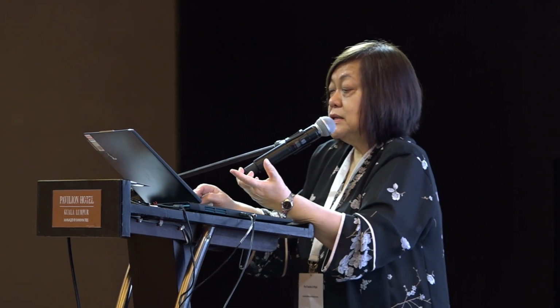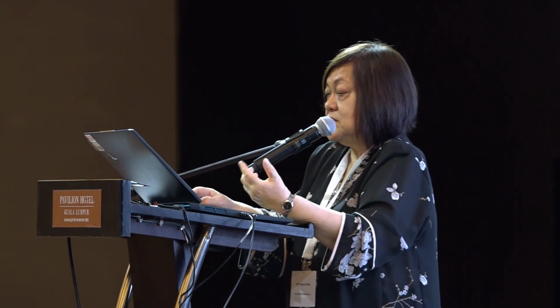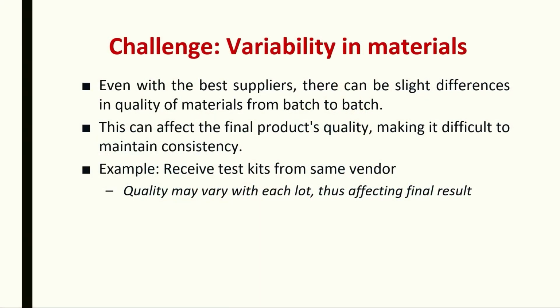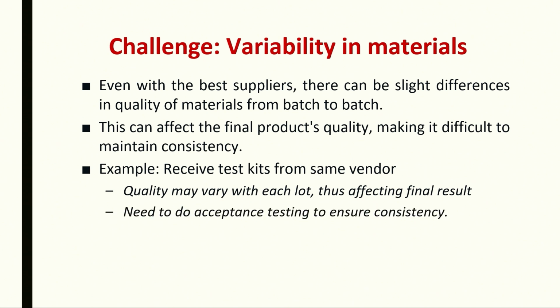Sorry, this is the one where I'm talking about the microbiology bit, all right, as an example. Because, again, it's something that we looked at, we addressed time and time again, because it is one of the ISO requirements. And that is, when we receive test kits from the same vendor, we always make sure, all right, that if it's lot to lot, we know it can affect the final results, we do acceptance testing.